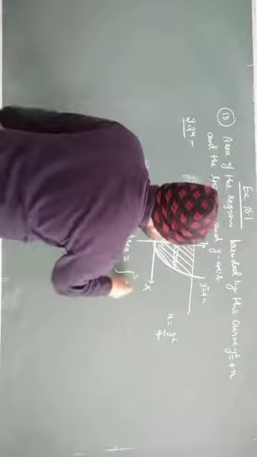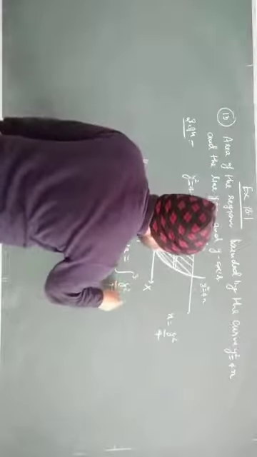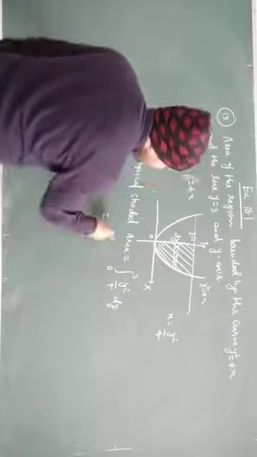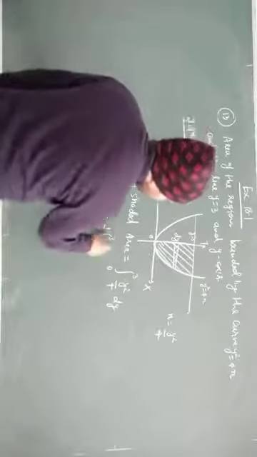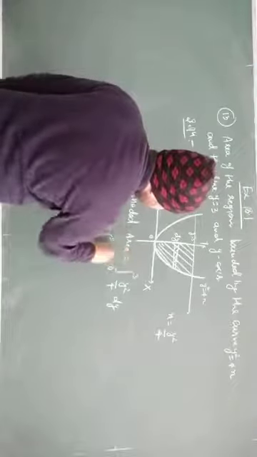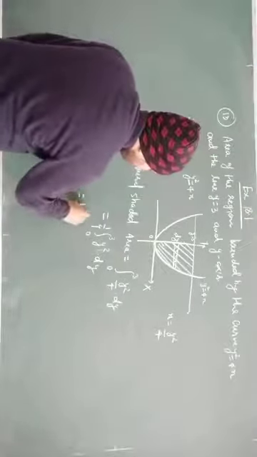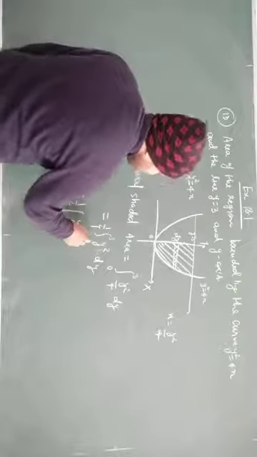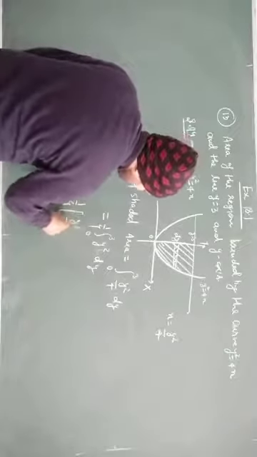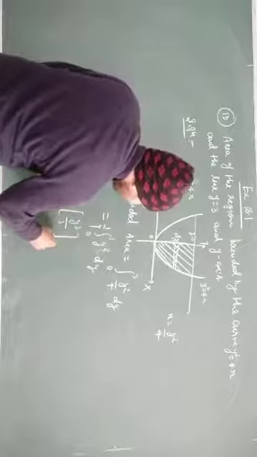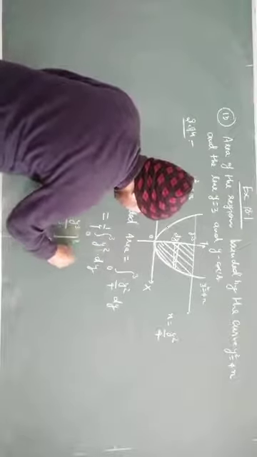That is the integral of y square by 4 dy. By taking 1 by 4 common, we integrate y square, which gives y cube by 3 with limits 0 to 3.